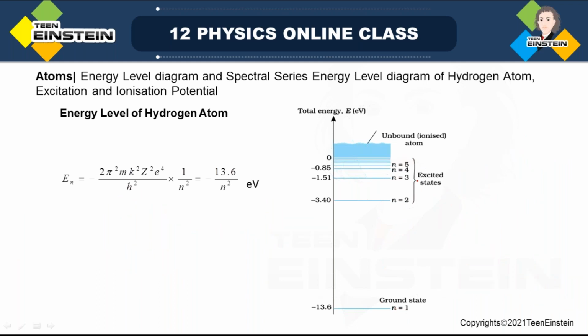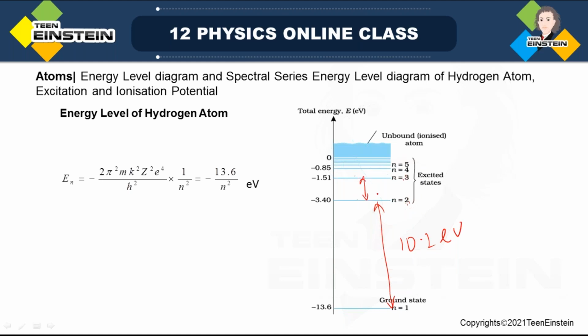Now one more thing you can see from this energy level diagram, that when the quantum numbers are increasing, the energy difference between two successive energy levels has decreased a lot. Look, this difference was 10.2 electron volt. Now how much is this difference?